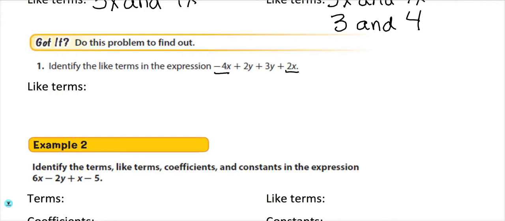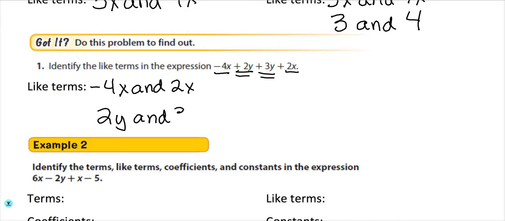So they do. In this case it will be -4x and 2x. And then we have 2y, which also goes with the 3y. So that's also a little family in itself. And that's it.